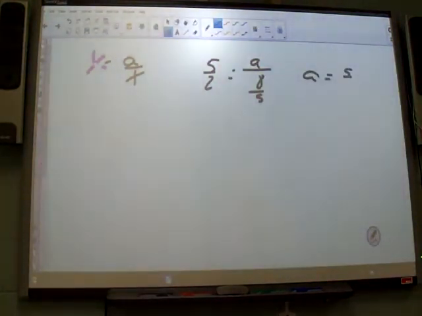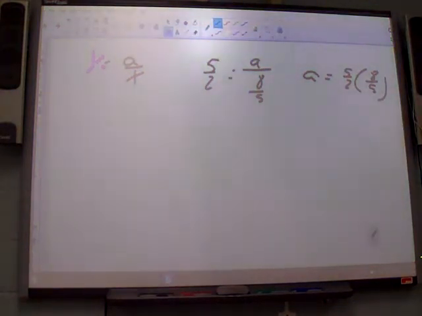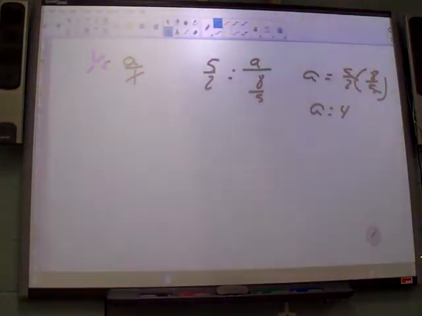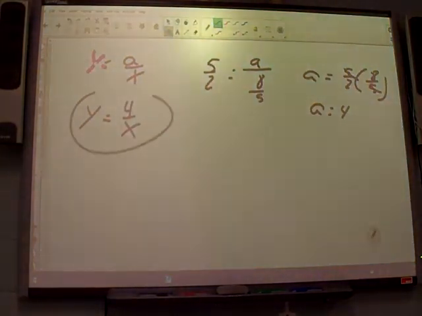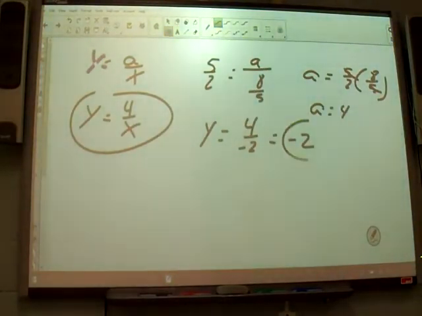I have to figure out what 5 halves times 8 fifths is. That would be 4, right? Because the 5s will cancel, and 8 over 2 is 4. You can type that in your calculator if you can't work that mentally. So there's your first answer. Second answer, like Grant said, we're just going to divide by negative 2. There you go.